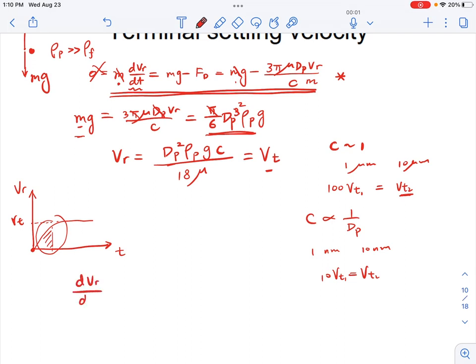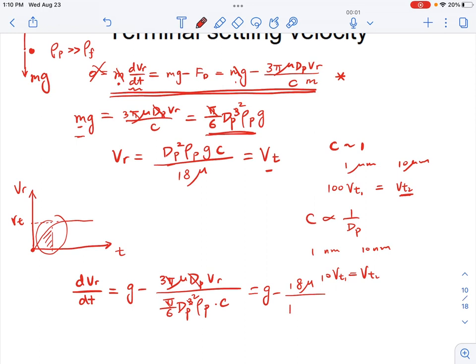So we're going to have dVr/dt equals g minus 3 pi mu dp Vr, and then the mass is pi over 6 dp to the power of 3 rho p, and then multiply by C. So the dp term, you can cancel one term here. Pi is canceled, right? So basically this is going to be g minus 18 mu over dp squared rho p C, multiplied by Vr.